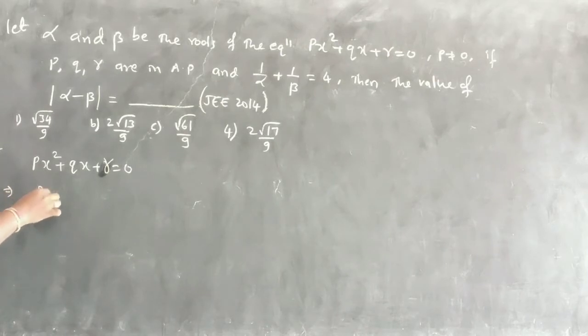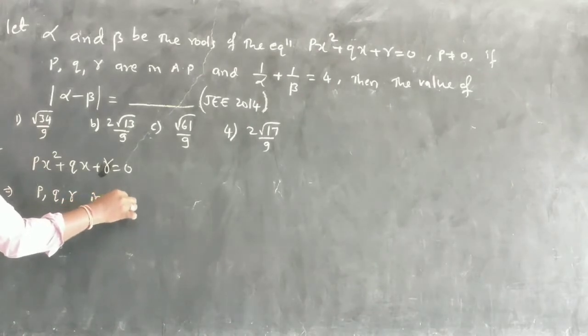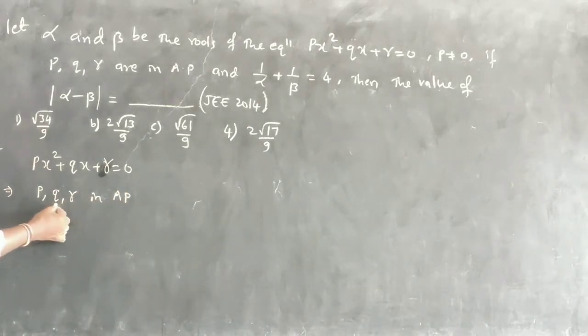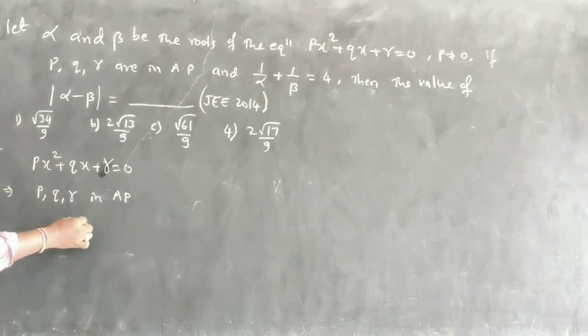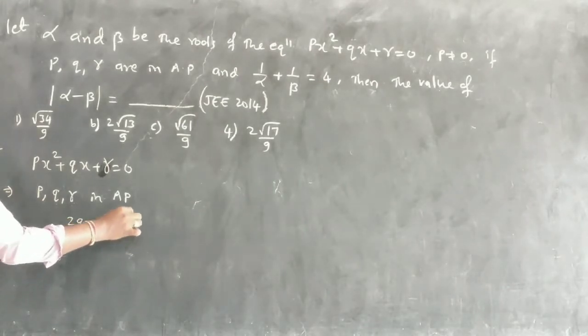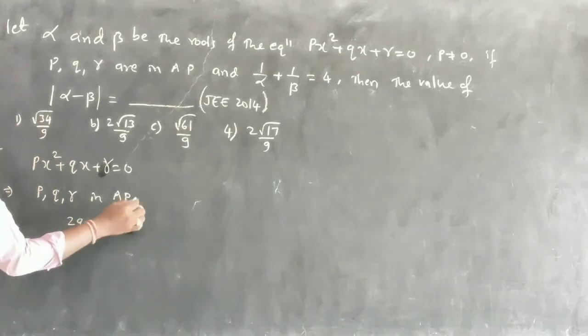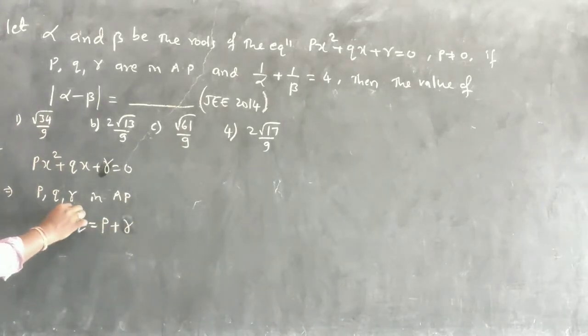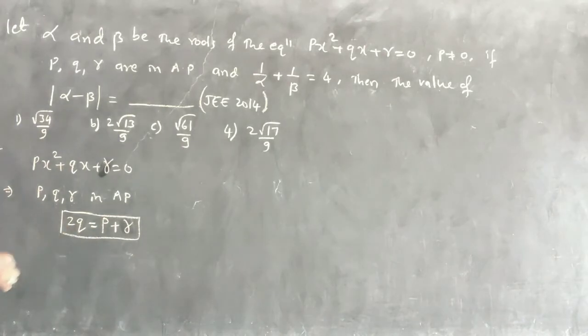P, Q, R in AP means the AP condition is T3 minus T2 is equal to T2 minus T1. It means the difference of these two is equal to the difference of these two. That is 2Q is equal to P plus R. Everyone already knows this. You learned it in 10th class and last year.